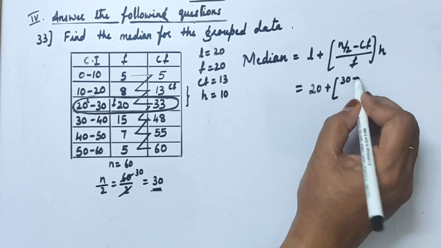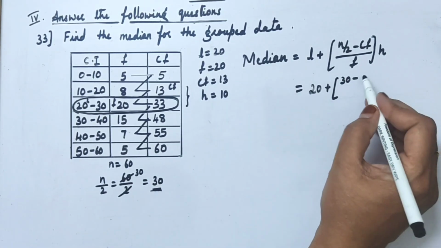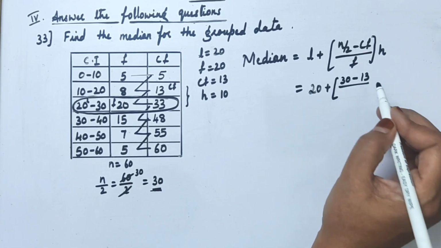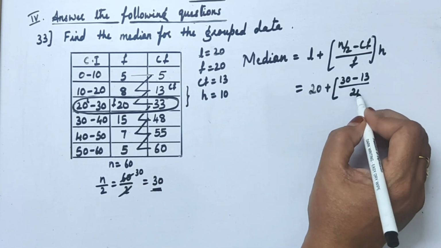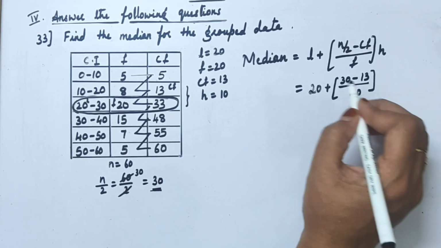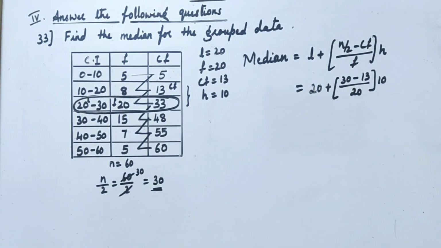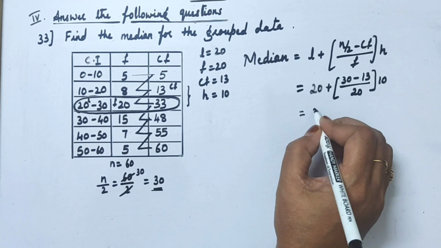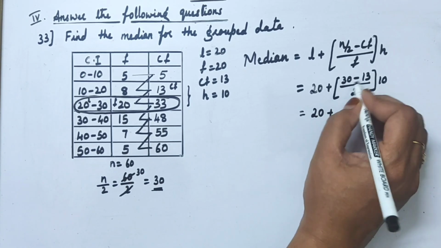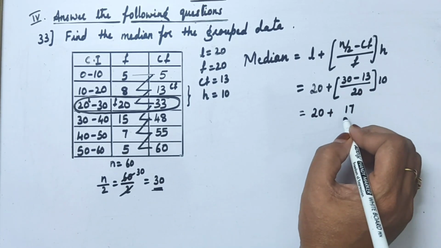Let me write here 30 minus cumulative frequency 13 upon frequency 20, into the size of the class interval 10, equals 20 plus, when we subtract these two, I'm going to get 17.